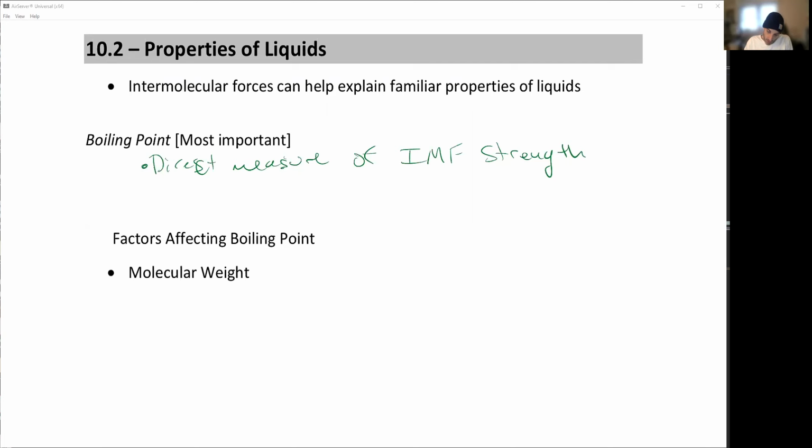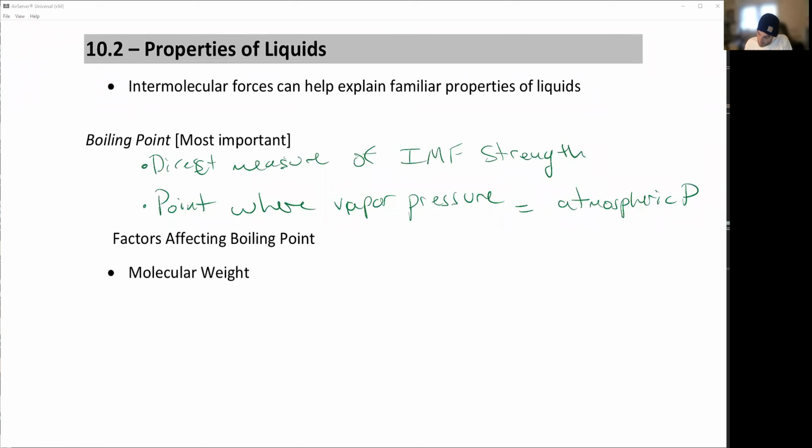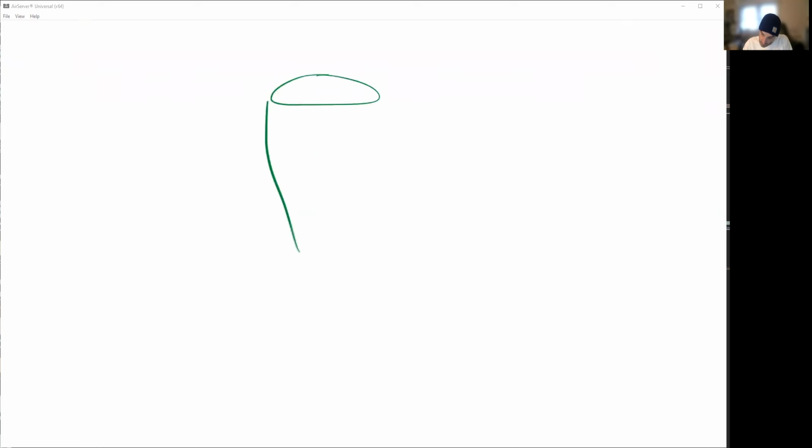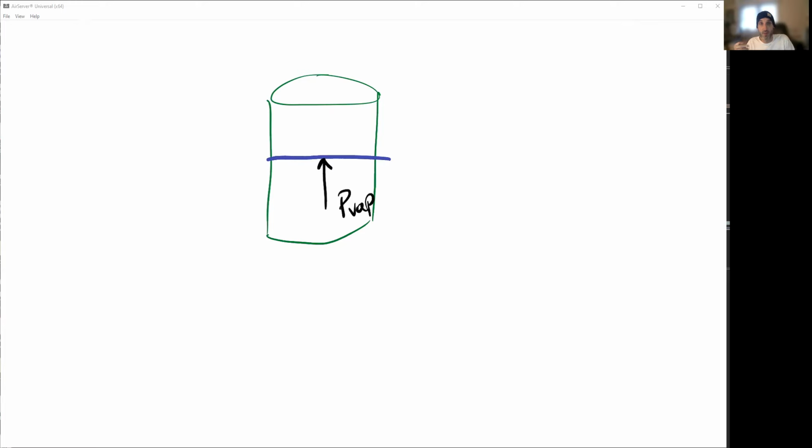Quickly, the boiling point is the point where the vapor pressure equals atmospheric pressure. And we did talk about this in the gases chapter, but if I have a beaker with some amount of water in it, or some amount of something in it, the pressure of the vapor, essentially a liquid trying to become a vapor, is pushing up.